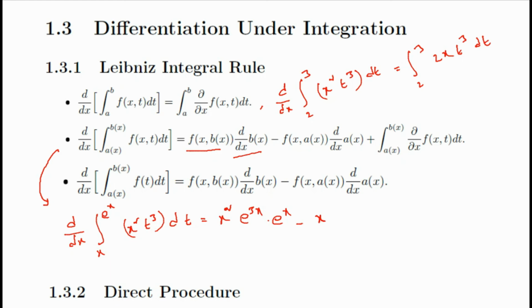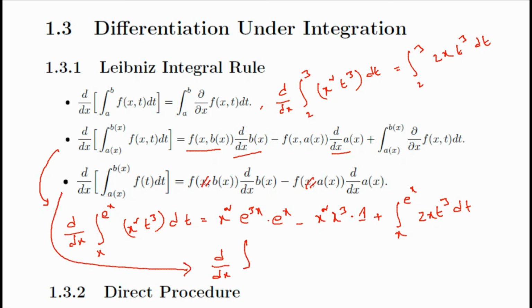So x square into e power 3x into e power x, minus x cube into 1, plus integral x to e power x, and if we partially differentiate, this term is 2x into t cube dt.